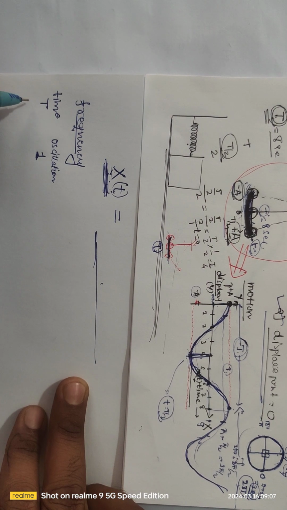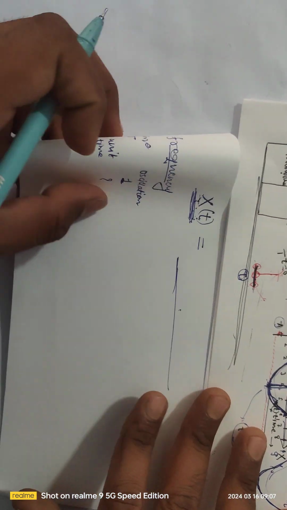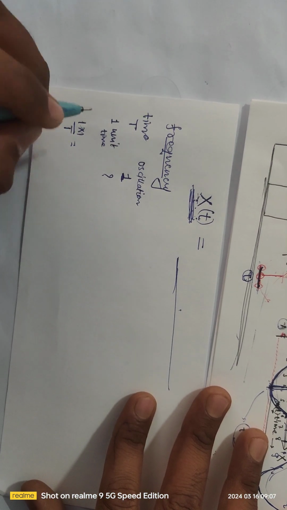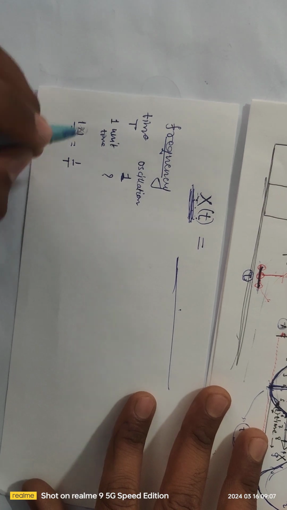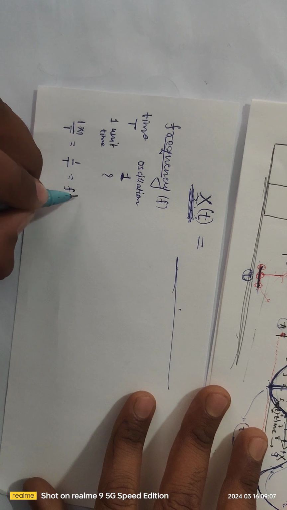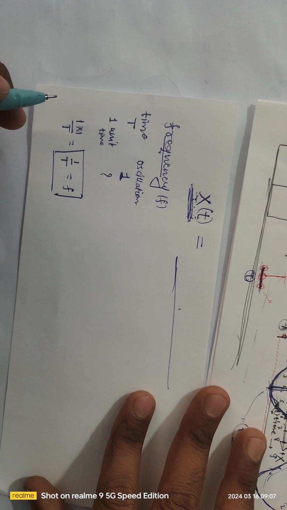So in 1 unit time, how many oscillations will happen? The answer is 1 divided by T, which is 1 upon T. So the frequency f is equal to 1 upon T.